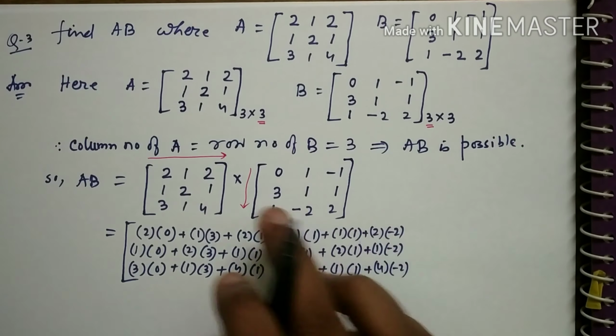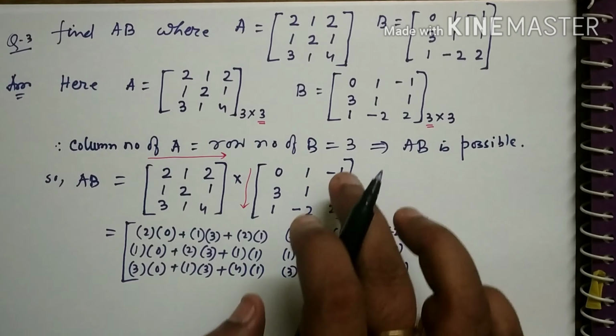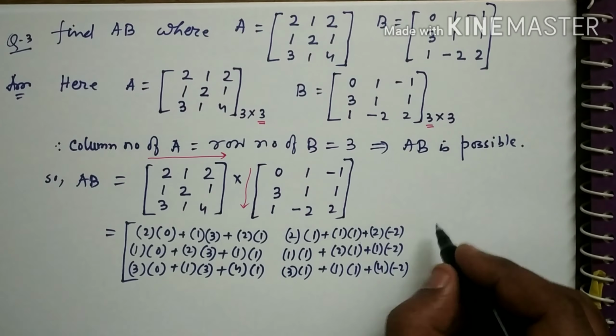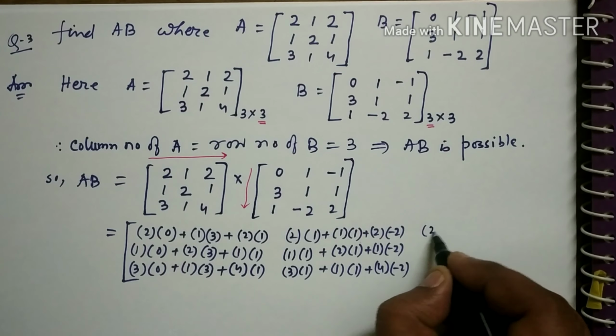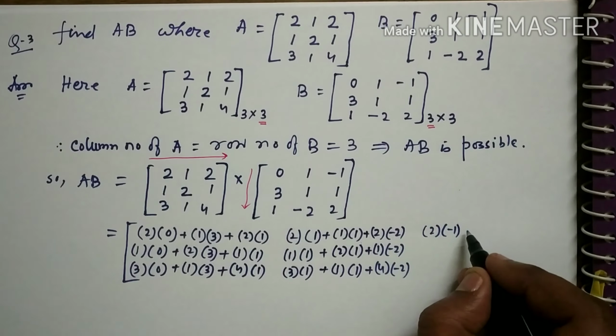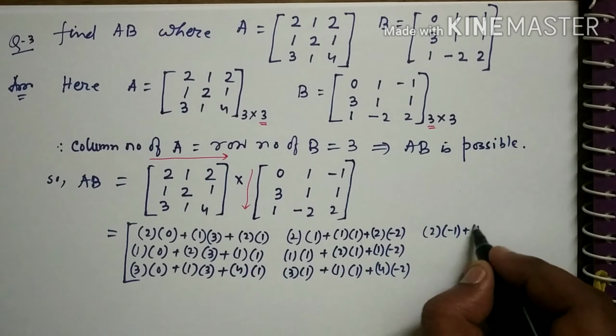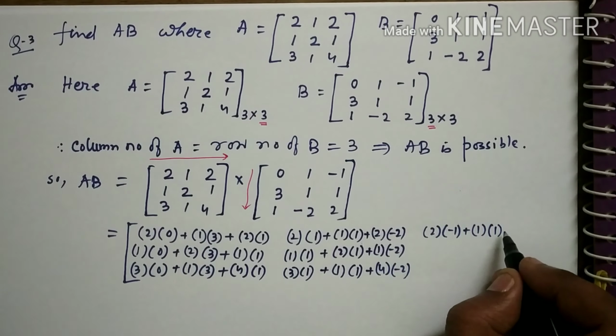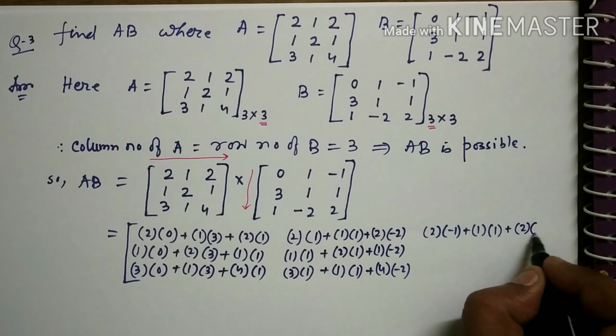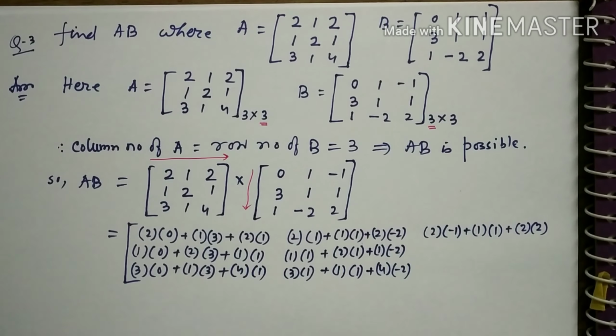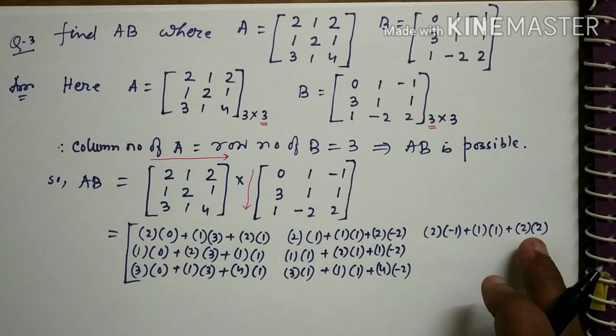Now third column wise. First row, third column: 2 into minus 1 plus 1 into 1 plus 2 into 2.